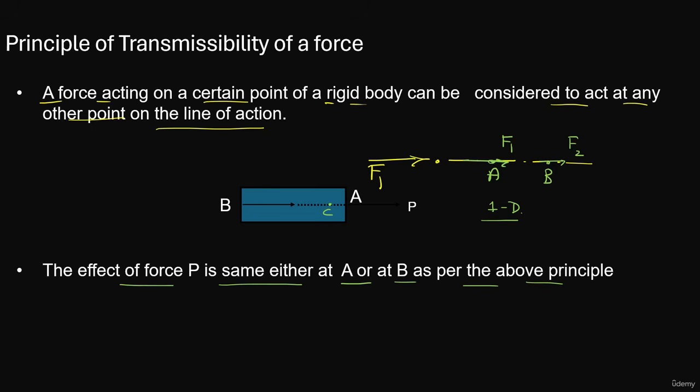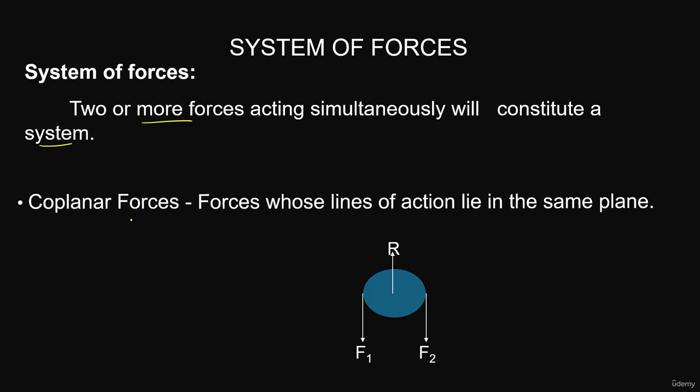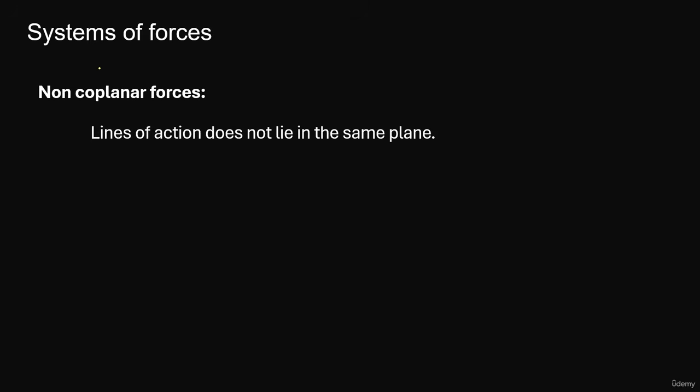After the principle of transmissibility of force, let's try to understand the system of forces more deeply. In the first case we have taken coplanar forces. If two or more forces are acting on a body or a point, they form a system. Under that we have coplanar forces, the forces whose lines of action lie in a single plane. In the same way, a system of forces is formed when there are more than two forces and the lines of action do not lie in the same plane.